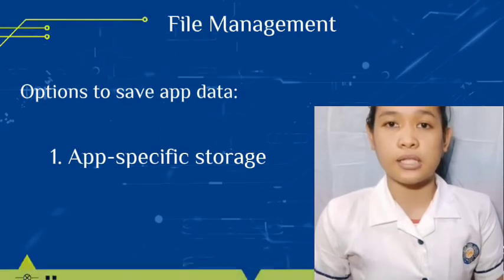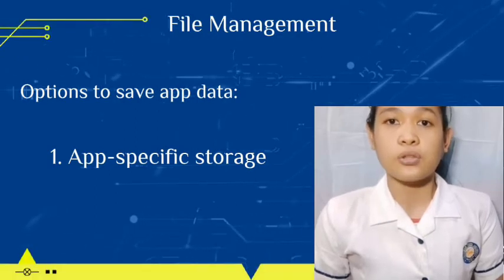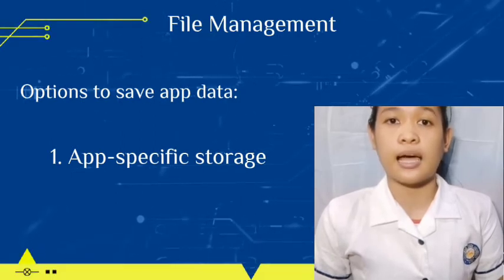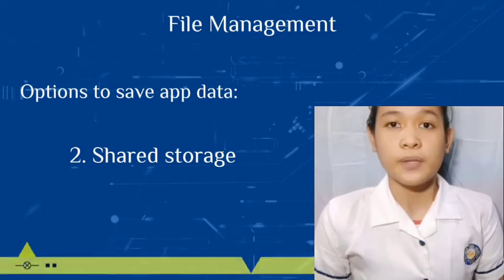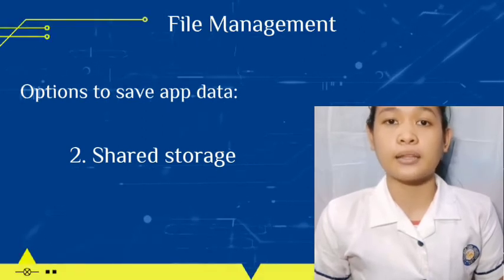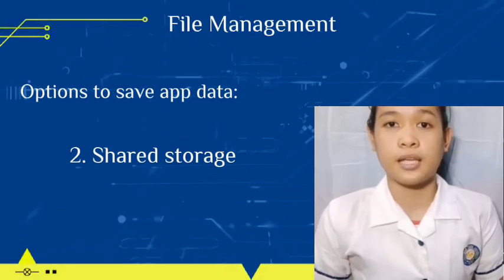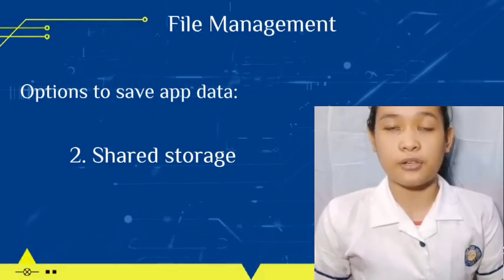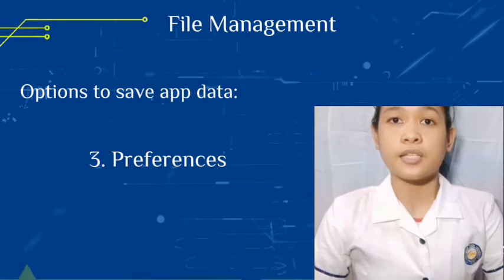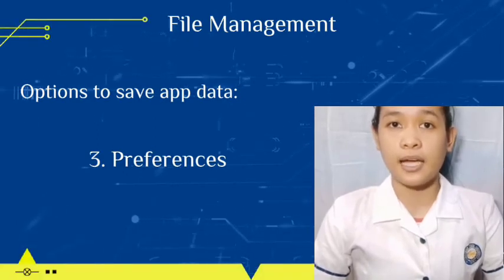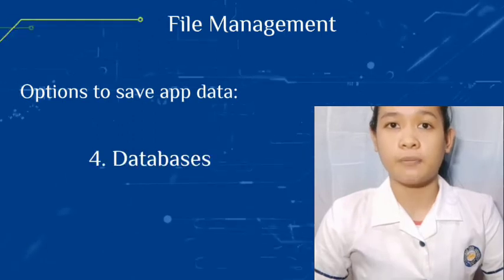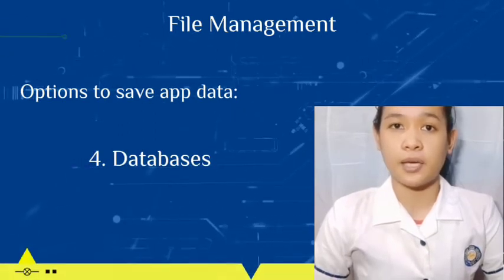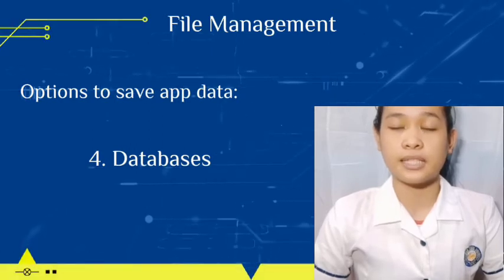Use the directories within internal storage to save sensitive information that other apps shouldn't access. Shared storage. Store files that your app intends to share with other apps, including media, documents, and other files. Preferences. Store private primitive data in key-value pairs. Databases. Store structured data in a private database using the Room Persistence Library.